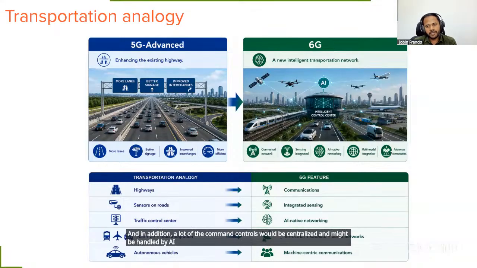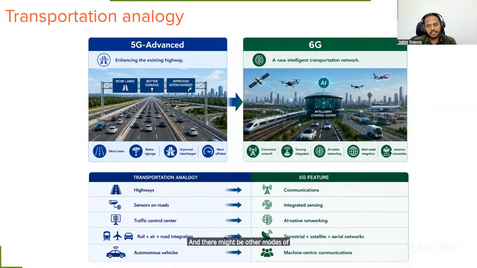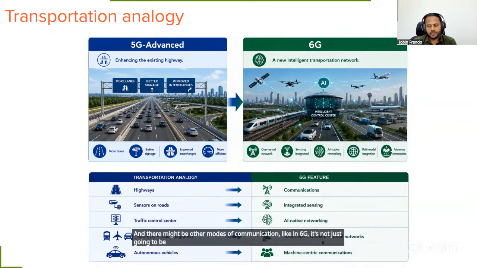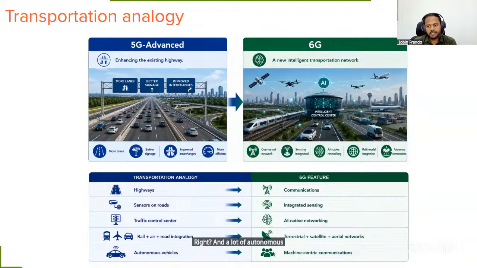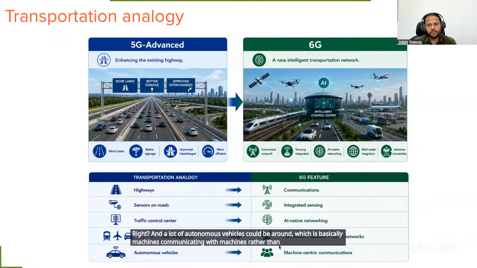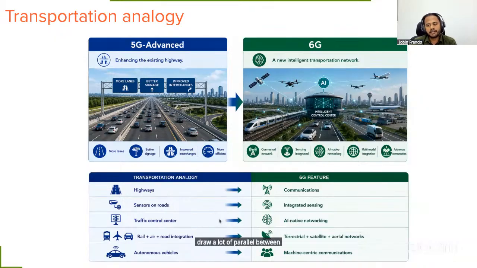And there might be other modes of communication: in 6G, it's not just going to be cell towers. There are also going to be satellite communications and possibly some aerial networks, which could be your UAVs acting as cell towers. And a lot of autonomous vehicles could be around, which is basically machines communicating with machines rather than humans communicating with each other.